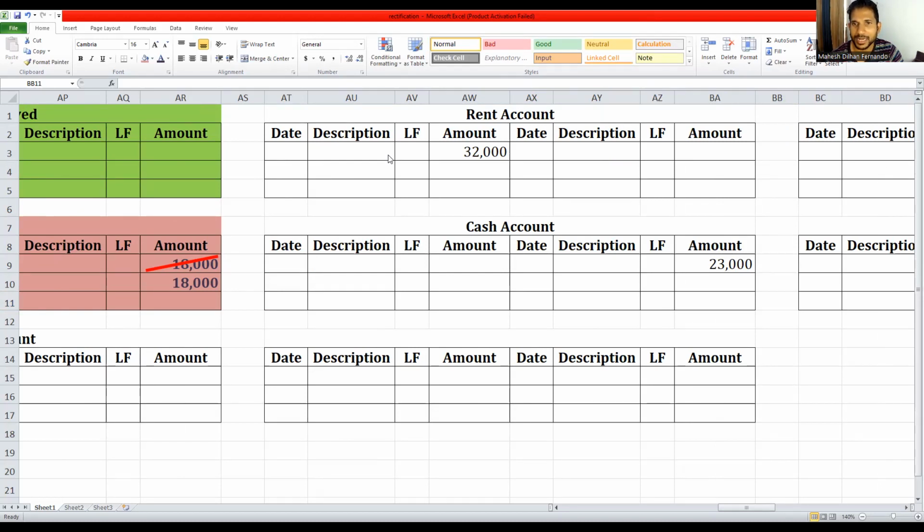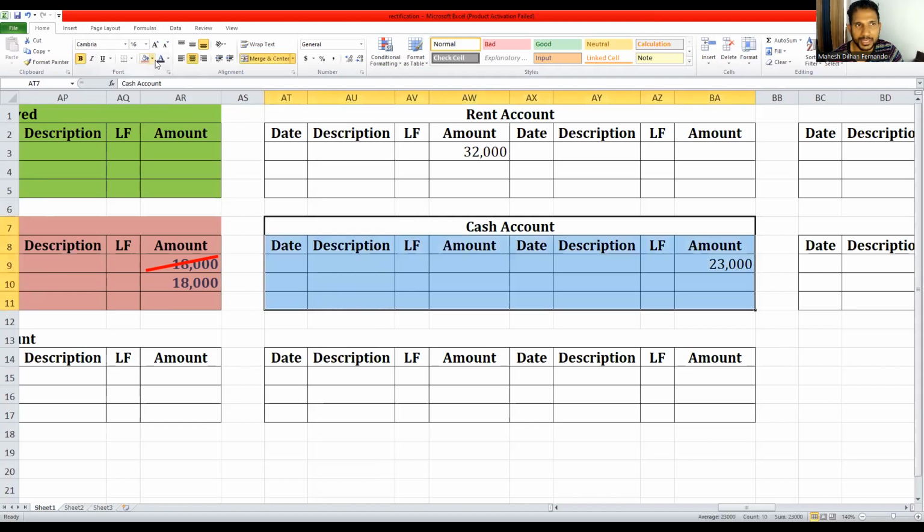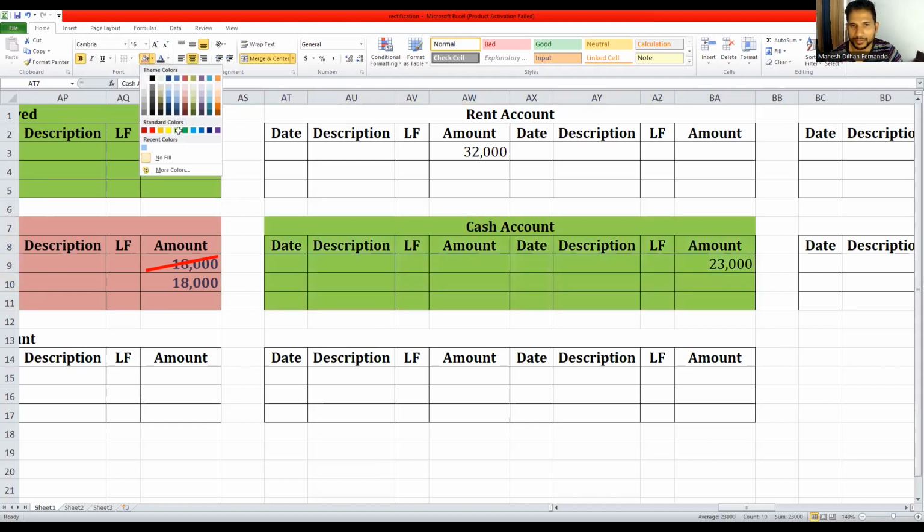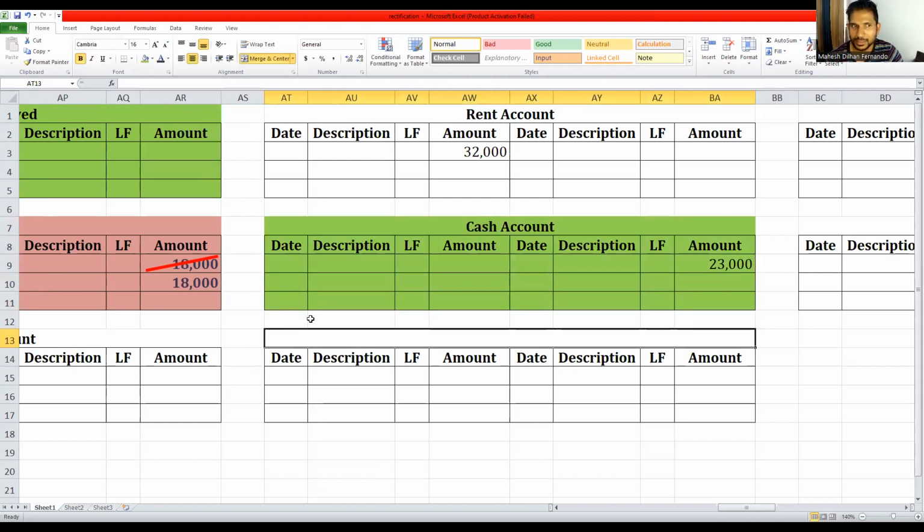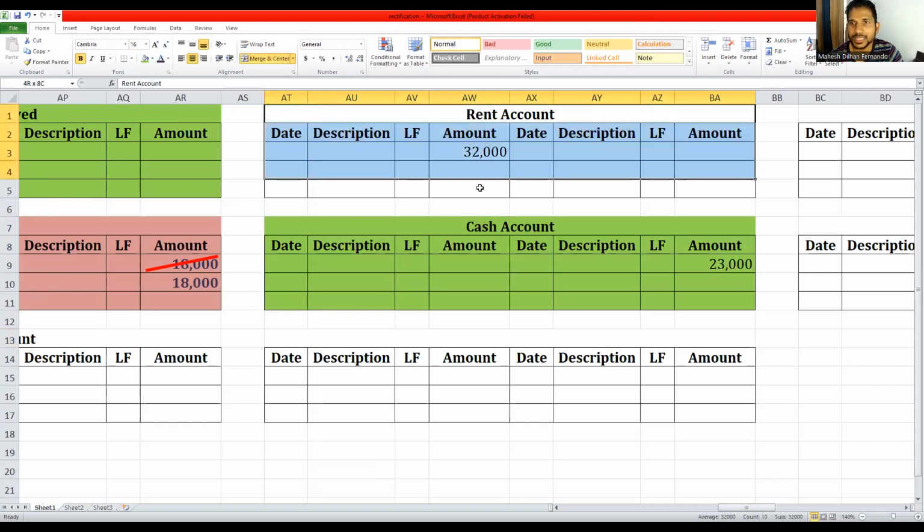Is it the rent or the cash? Which one is correct? Yes, Pavani. Cash account is correct. Green color. This is correct. But the rent account is incorrect.